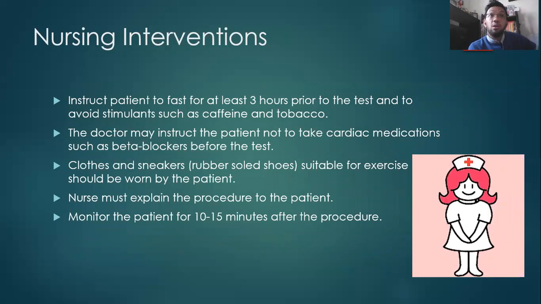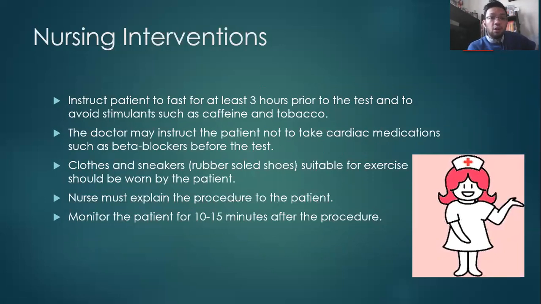Of course, they're going to run on a treadmill. You do not want to exercise when your stomach is full. So you need to tell the patient this, to fast for at least 3 hours before the test and avoid certain stimulants that can further stimulate the heart, such as caffeine and tobacco.